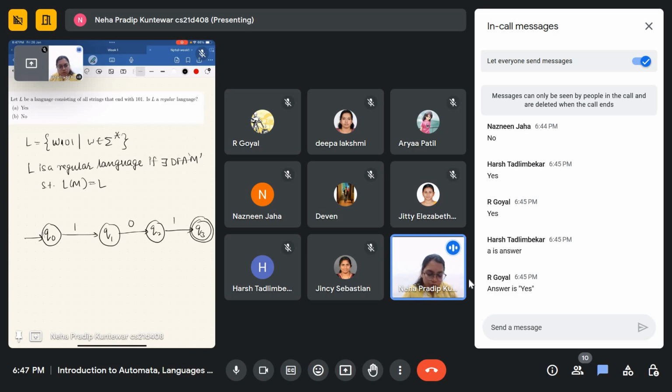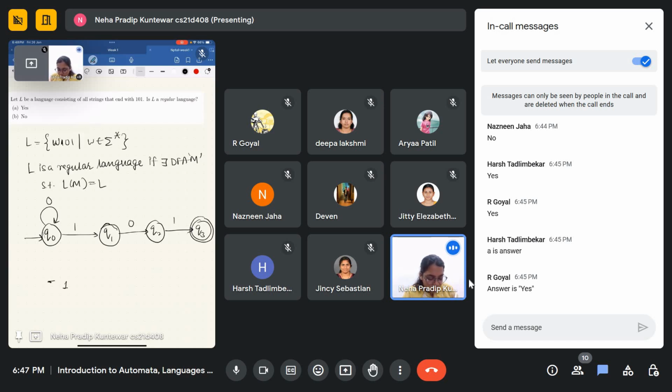Where do you want me to draw the arrow from q0 on reading the 0? Can one of you answer? A self loop would suffice. Correct. I'll draw a self loop on q0, which says that you're going to wait until you see a 1.